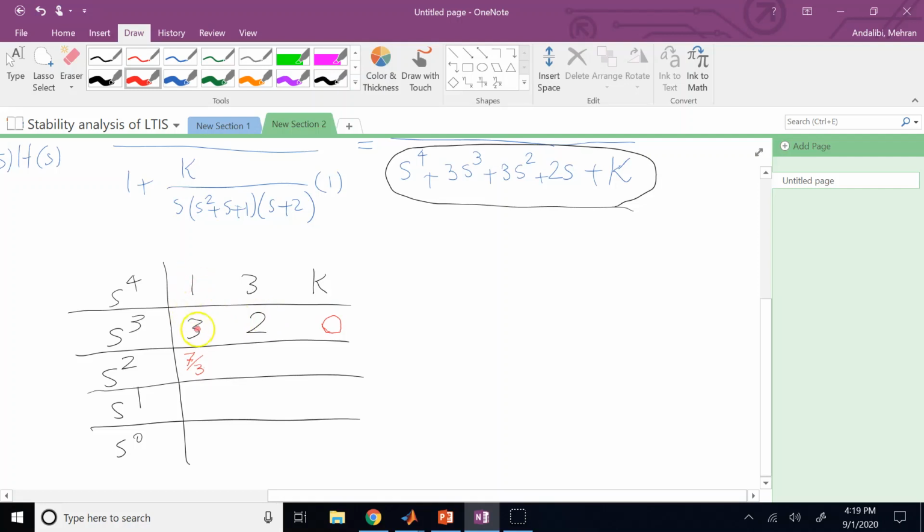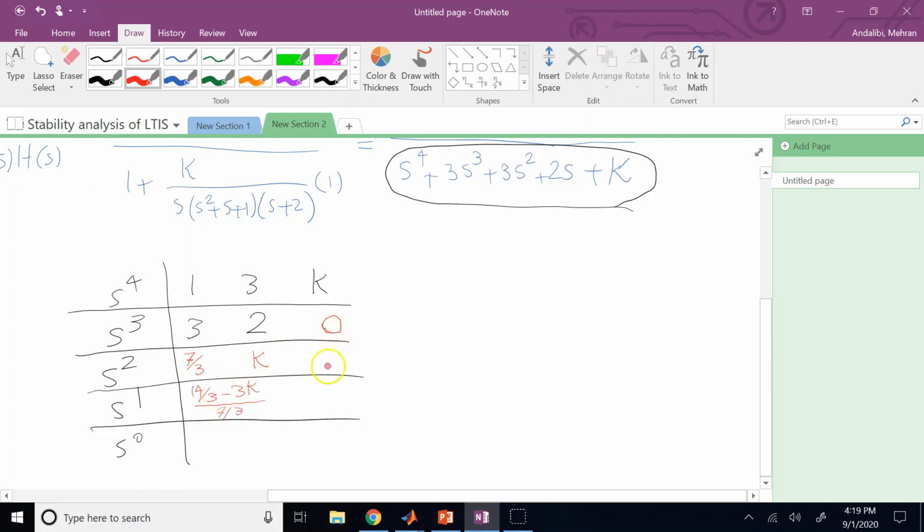Then I go to the first column and third column. So 3 times k, that's 3k, minus 1 times 0. Again, 3k. 3k divided by 3 is k. Then I come here. It is going to be 2 times 7 over 3, so 14 over 3 minus 3k. Let me write it down: 14 over 3 minus 3k, then the whole thing divided by 7 over 3.